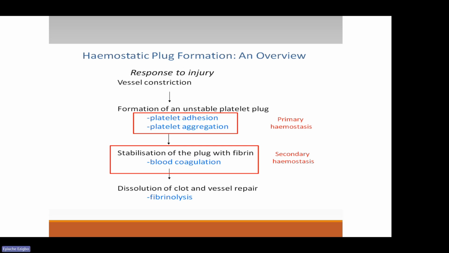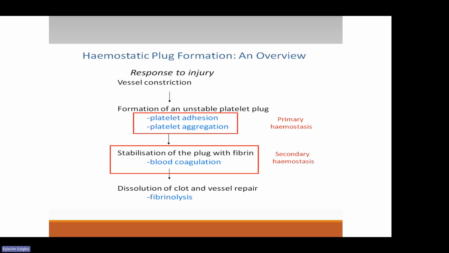If the force of blood flow inside the blood vessel is high, it can dislodge that clot and it will not be able to really prevent blood from flowing out. Primary hemostasis ends with the formation of platelet plugs, that is platelet aggregation.